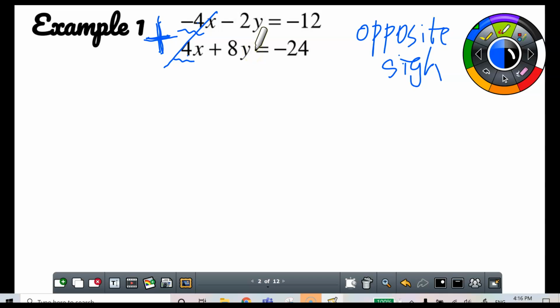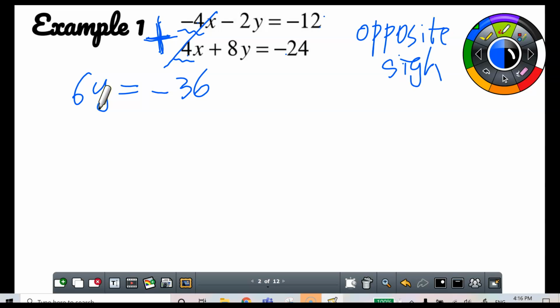Add the numbers in front: -2 plus 8 is +6y. It's like combining like terms. And next is the equal sign. On the other side, add up the two single numbers. -12 plus -24 is -36. So you have this simple equation after adding up these two equations and eliminating the variable x.